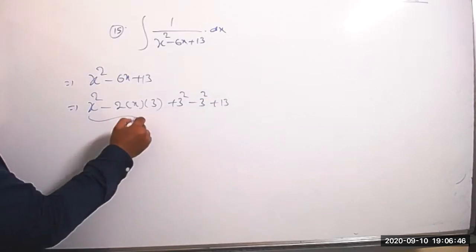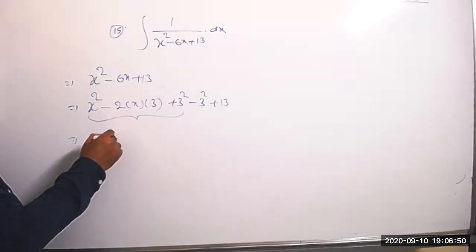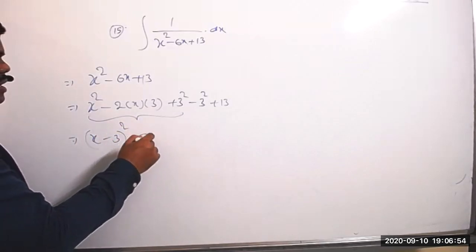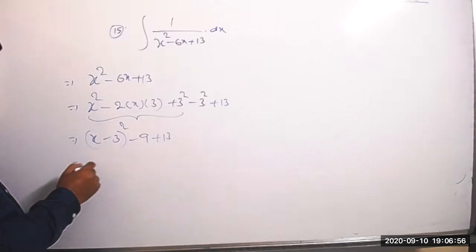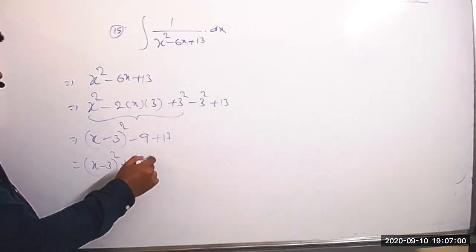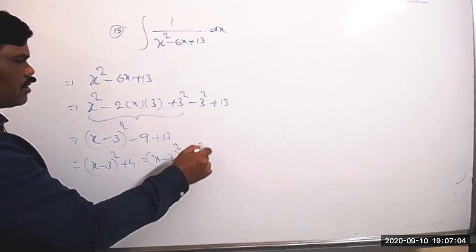So from here it is a minus b whole square, with a equal to x and b equal to 3. So x minus 3 whole square minus 9 plus 13. This we can write as x minus 3 whole square plus 4, equal to x minus 3 whole square plus 2 square.